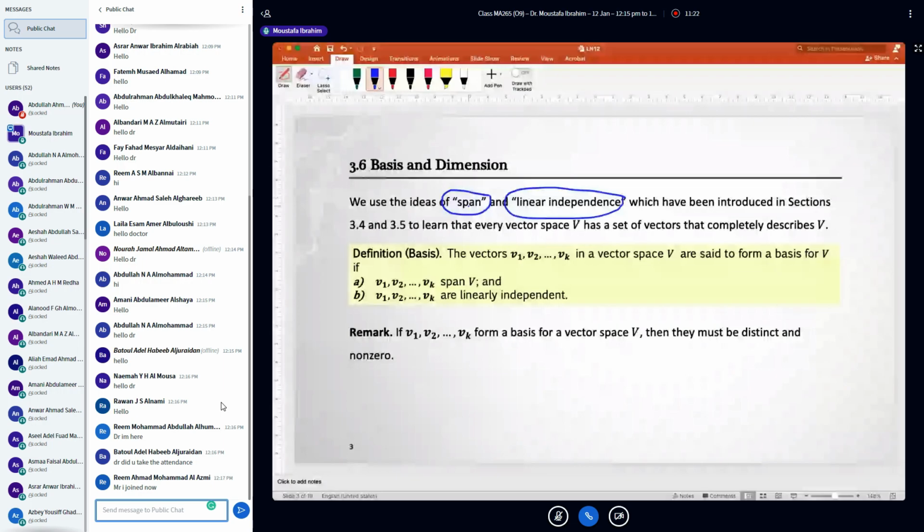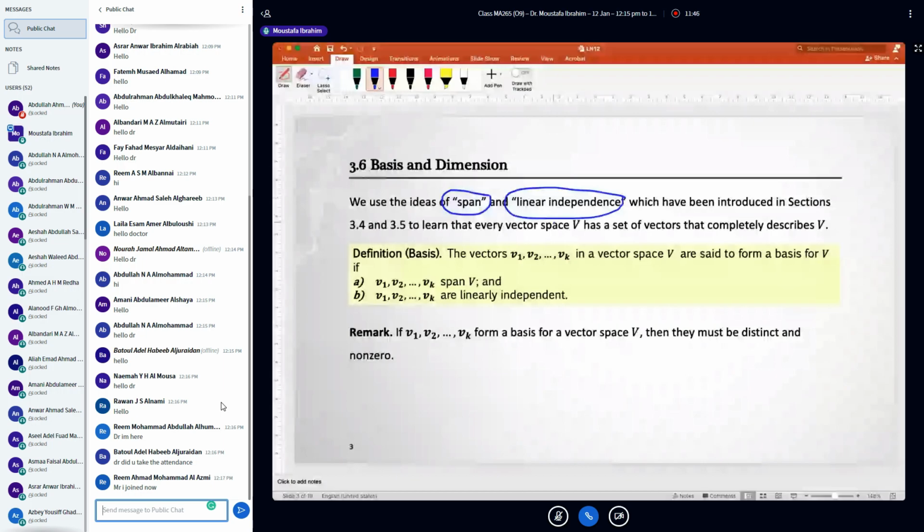So we have a set of vectors v1, v2, vk. We say it's spanning if any vector inside the vector space is a linear combination of this set. Linear independence we have seen also. If we have a linear combination equals 0, it means the coefficients are all zeros, correct?